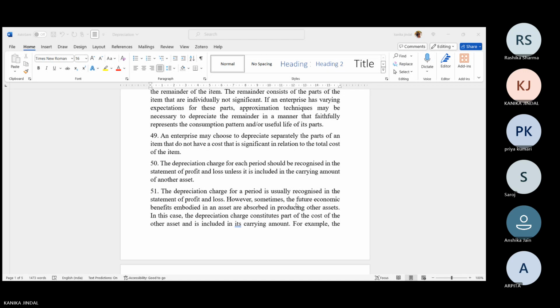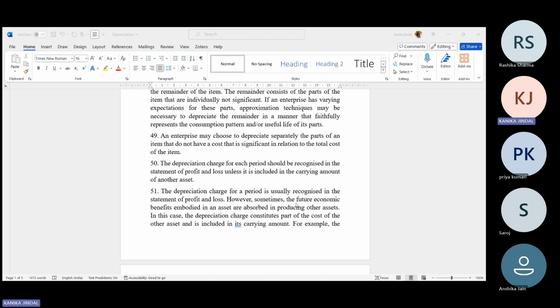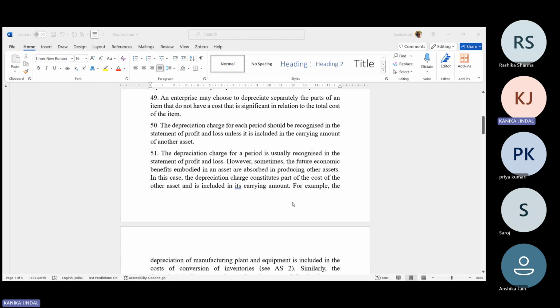However, sometimes the future economic benefits embodied in an asset are absorbed in producing other assets. In this case, the depreciation charge constitutes part of the cost of the other asset and is included in its carrying amount. अब इसको समझते हैं with an example.